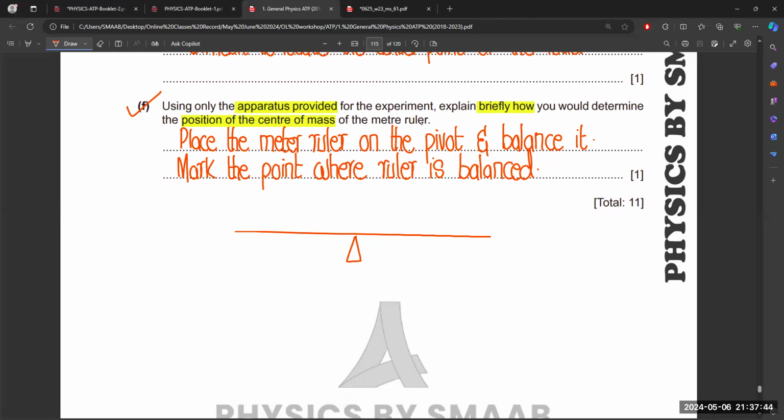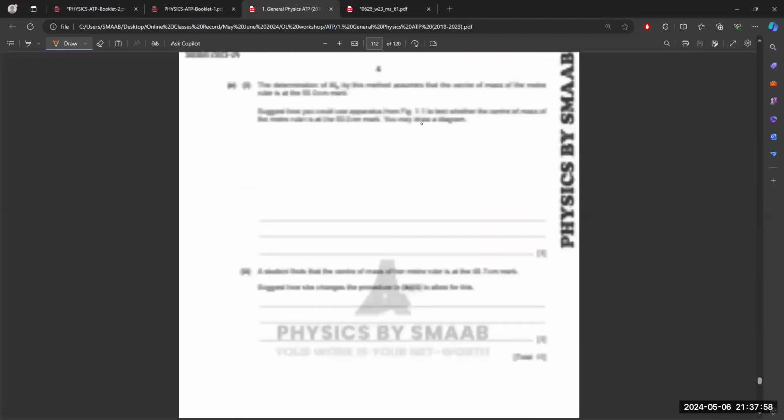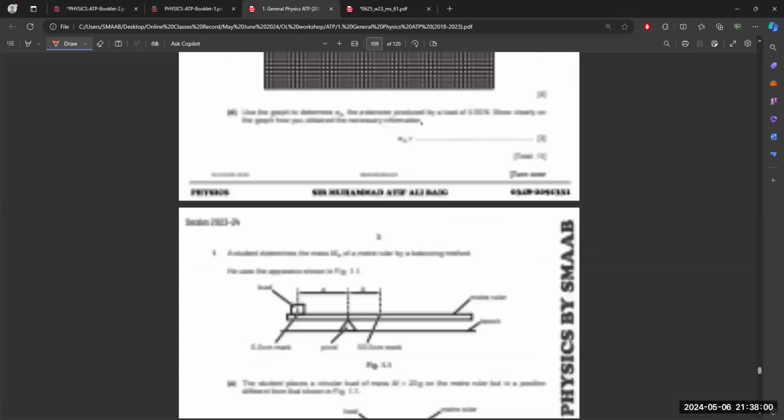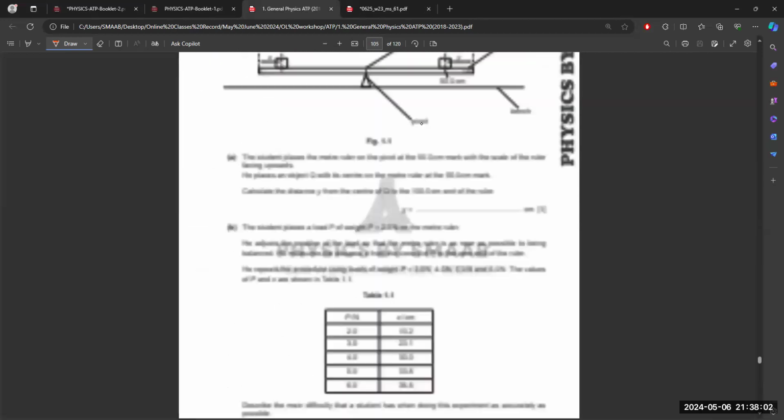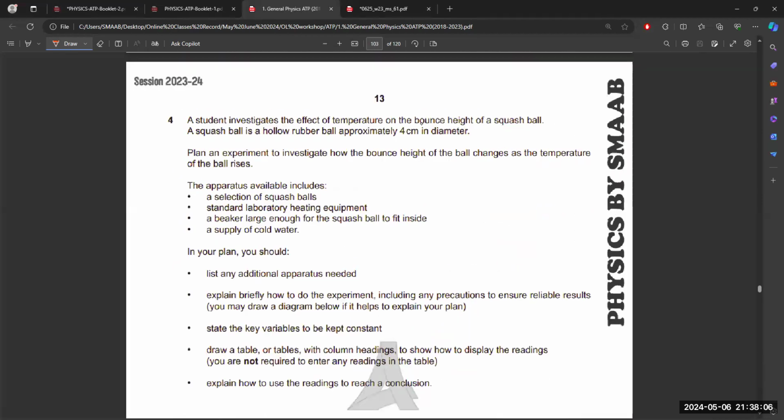And in new papers, you will get question number 4, which is a type of planning question, right? We will also practice that. That question looks like this. This is the type of question.